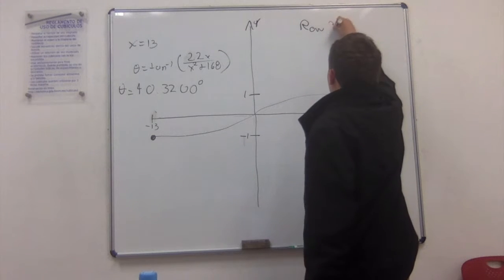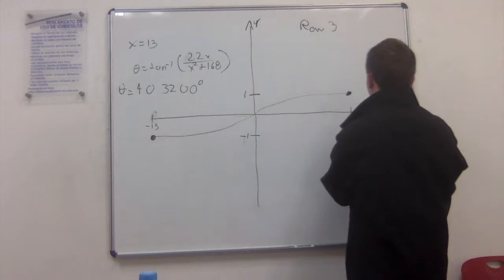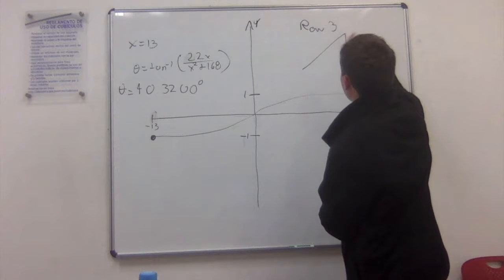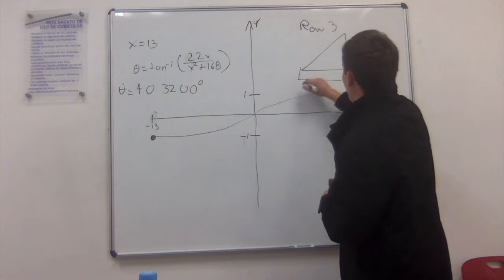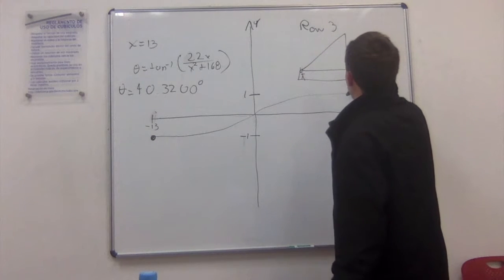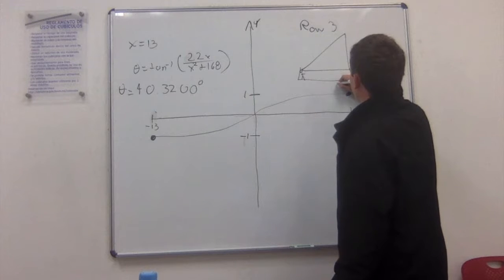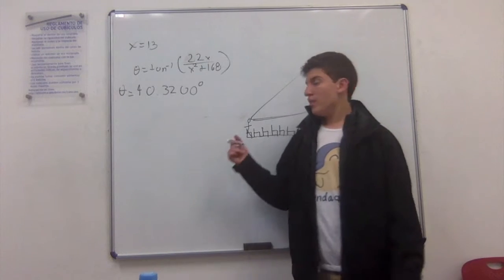The row 3. Why? Because we have this row, and the person is here, and the distance between these is 7.